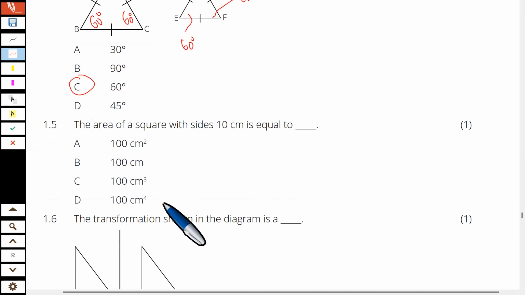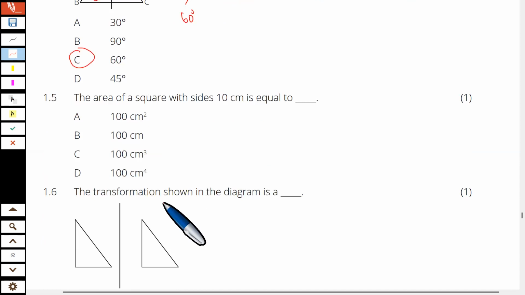The area of a square with sides 10 centimeters is equal to what? What's the answer? I think it is 100 centimeters squared.